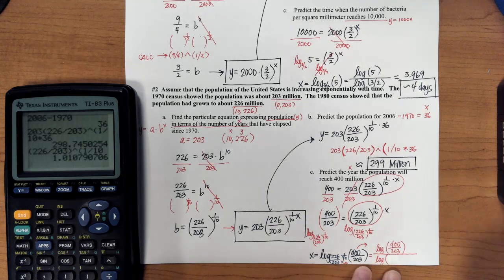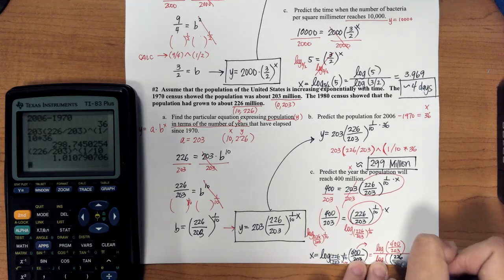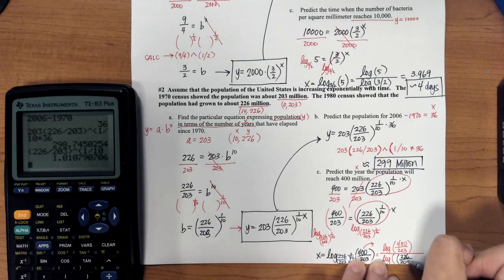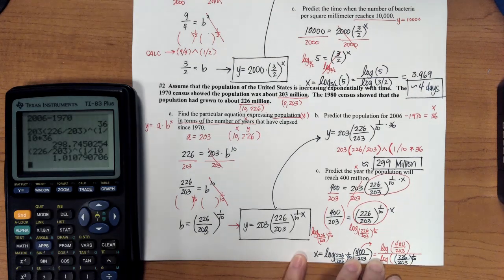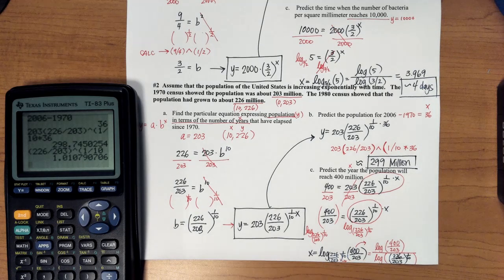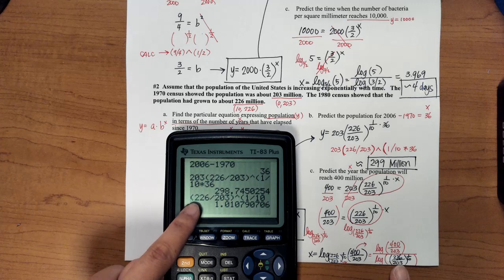You have to be really careful here. So I'm going to do a second parentheses of 226 over 203 to the power of 1/10. Now, if you are worried about these parentheses, what you can do is do the denominator first. You guys see how I did that?